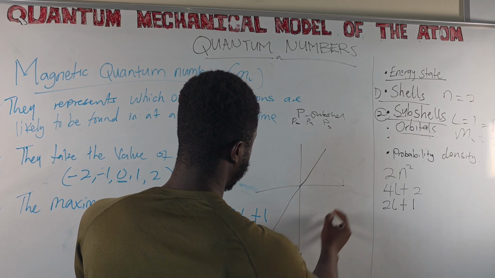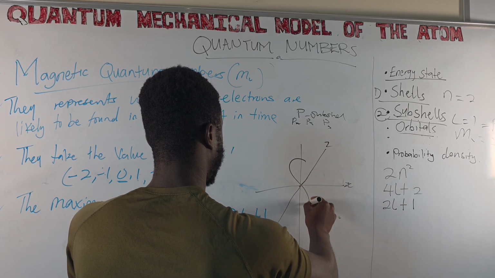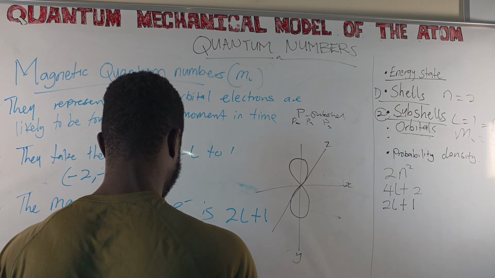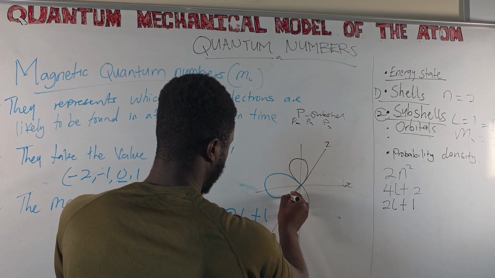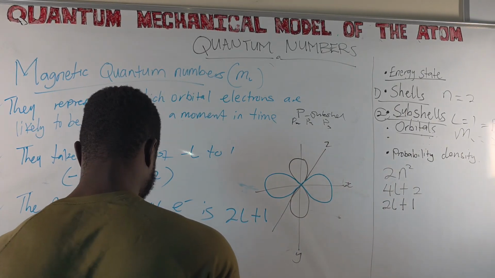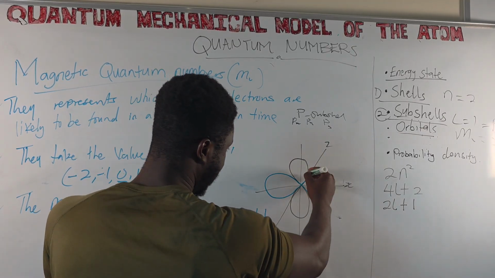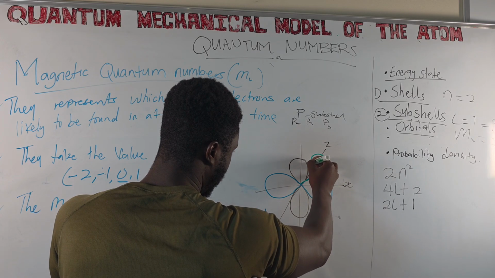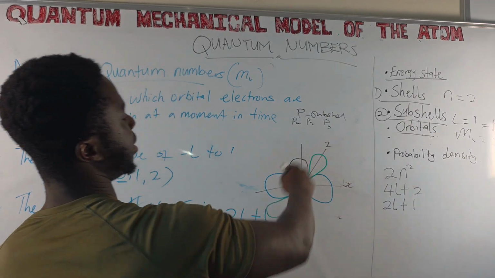So if this is my y, x, and then z, one is the py, another one like this would be the px, and on this plane, the z plane over here, once again the shape of a dumbbell will be the pz, right?